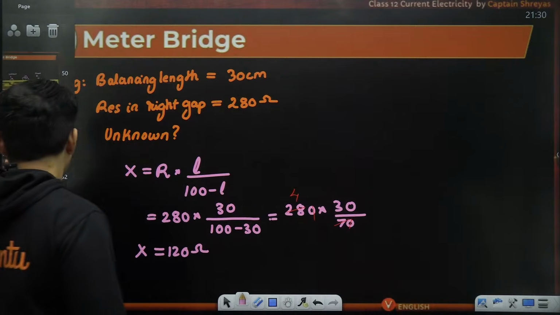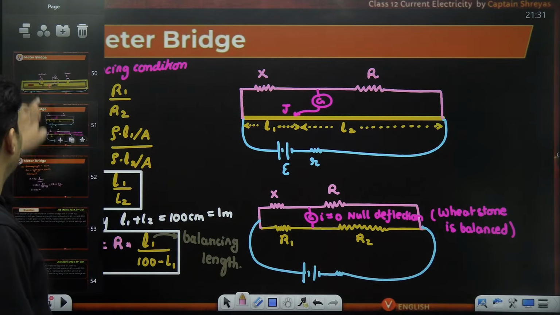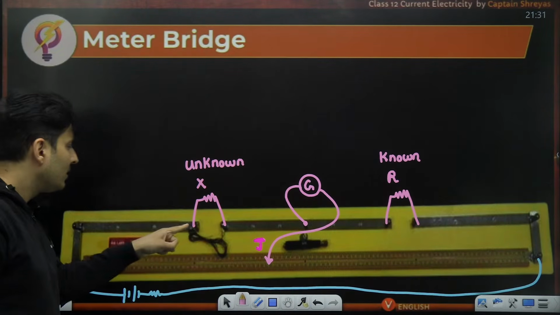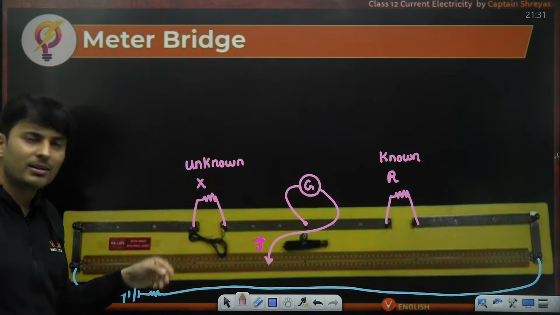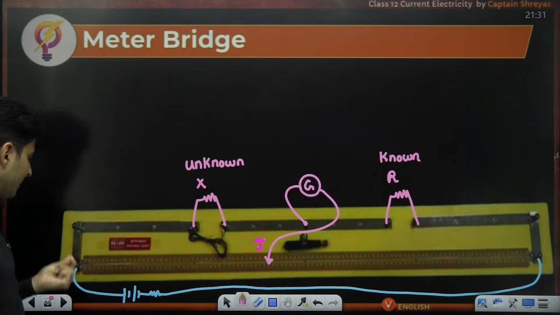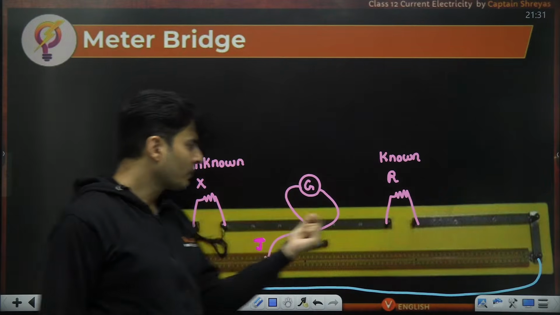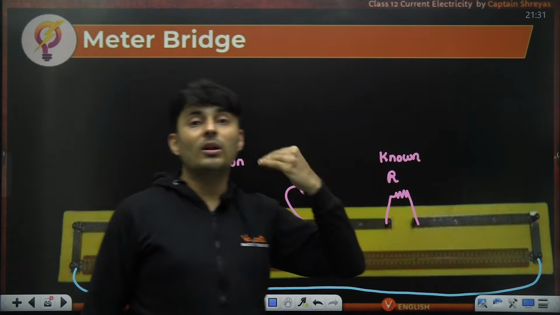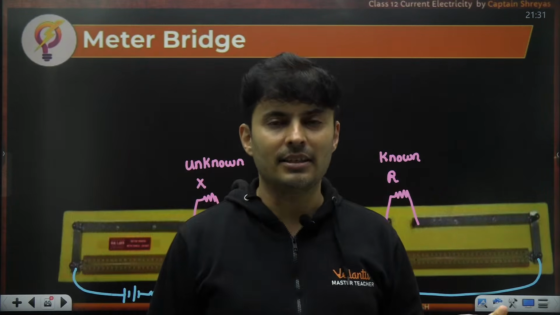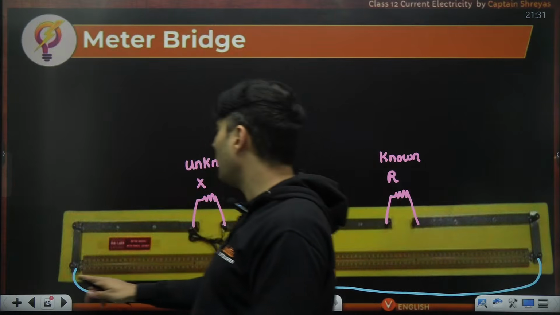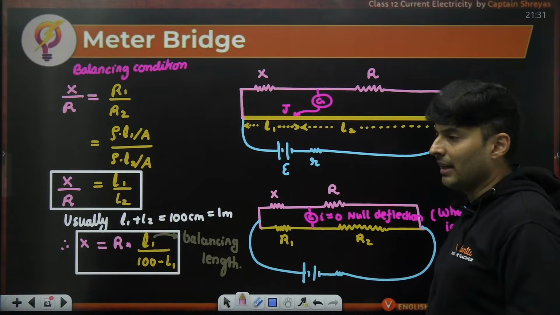Now, there is one catch though. Usually this is going to work, but sometimes the connecting wire, that joint, that screw here and there, might also create some additional resistance which we have not accounted for in this schematic diagram.